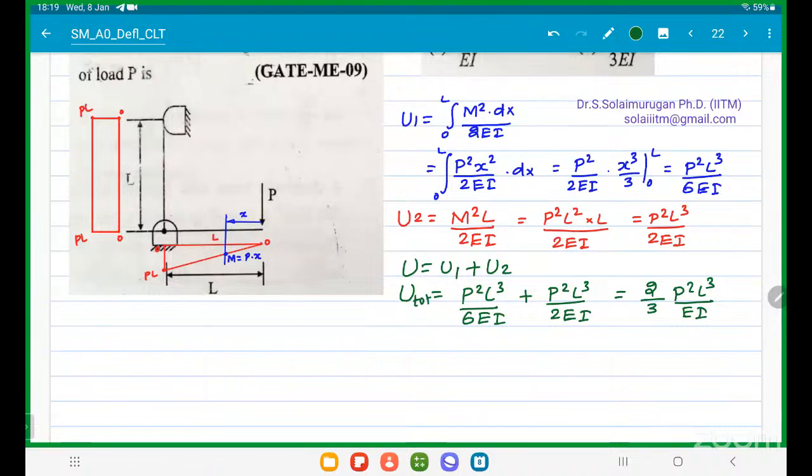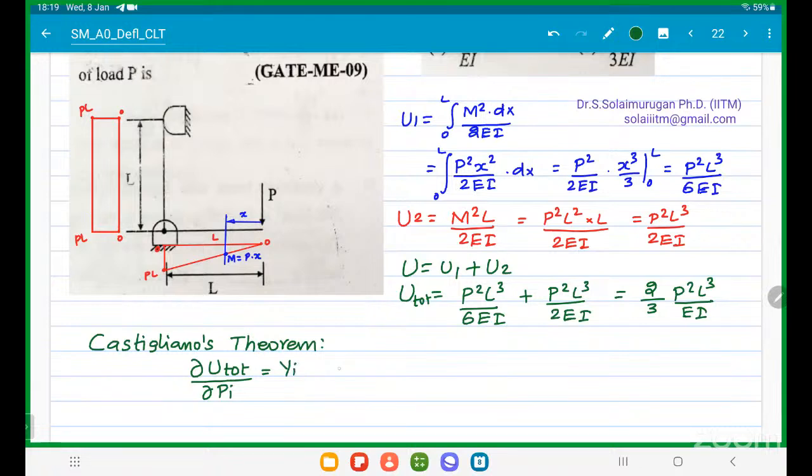What is Castigliano's theorem? Partial derivative of U total with respect to P_i is equal to Y at i.